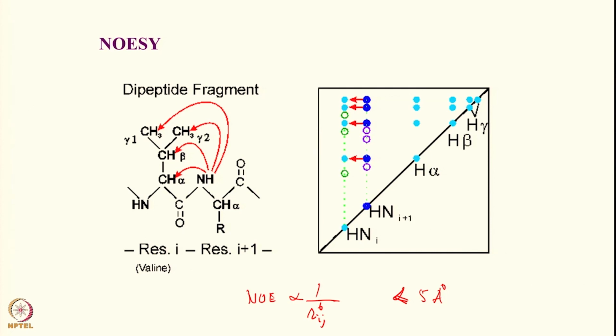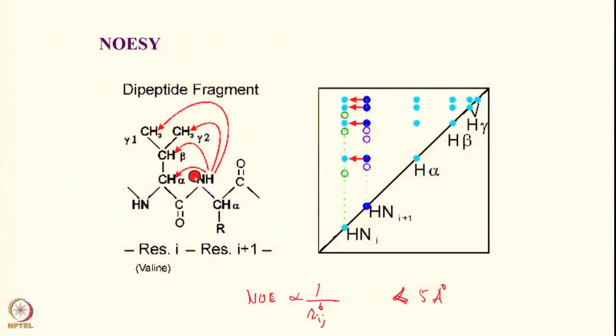Therefore the intensity is proportional to the inverse 6th power of the distance, which means the shorter the distance, the stronger is the peak. Now of course it cannot go below 2.4 angstroms or something like that, because why? Then there is a steric clash. No 2 atoms can come closer than 2.4, 2.5 angstrom depending upon the atom types. If you are taking protons, of course you can't have it less than 2.3, 2.4, because there will be steric clash. Such conformations will not occur.